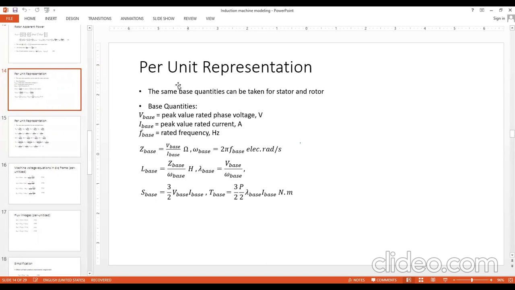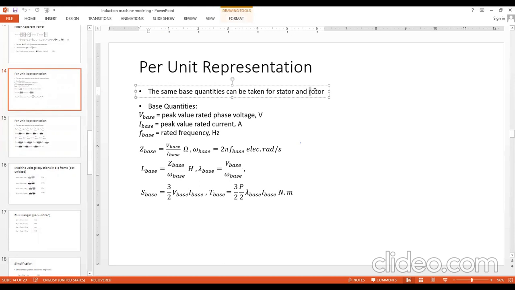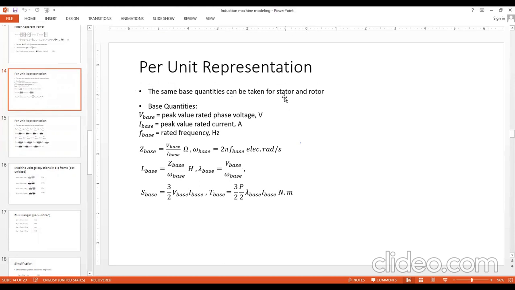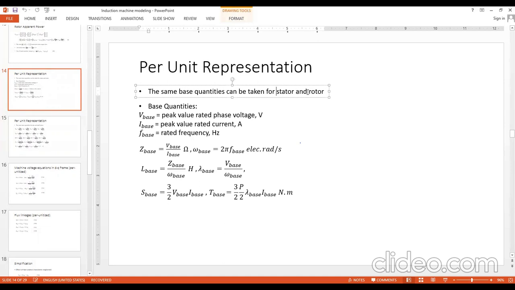So for the per unit representation, of course, we have two separate circuits, electrically separate but magnetically coupled. So we have some stator quantities and some rotor quantities. But for simplicity, we can assume the same base quantities for both these circuits, stator coil circuits and rotor coil circuits. So let's start with the base quantities.